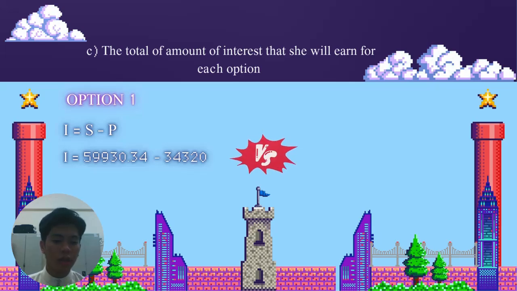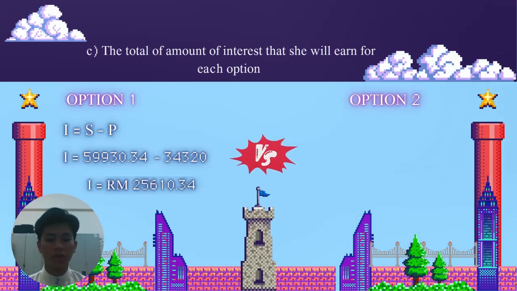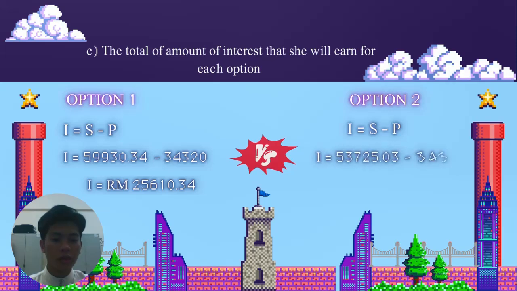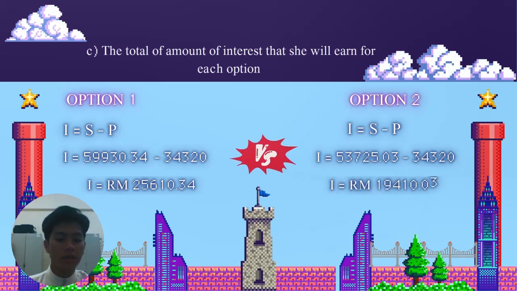The answer should be RM25,610 and 34 cent. For the second option, we use the same formula, I equals S minus P. So I equals 53,725 and 3 cent minus 34,320, and the answer should be RM19,410 and 3 cent.